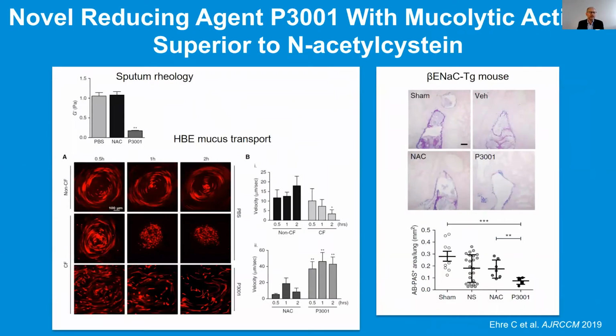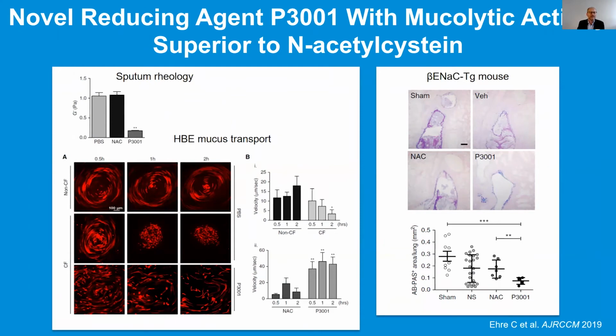Very similar data were reported from another new reducing agent, P3001, that also was superior compared to N-acetylcysteine in reducing sputum rheology and improving mucus transport rates on primary bronchial epithelial cells, as well as reducing mucus plugging in the beta-ENaC transgenic mouse.